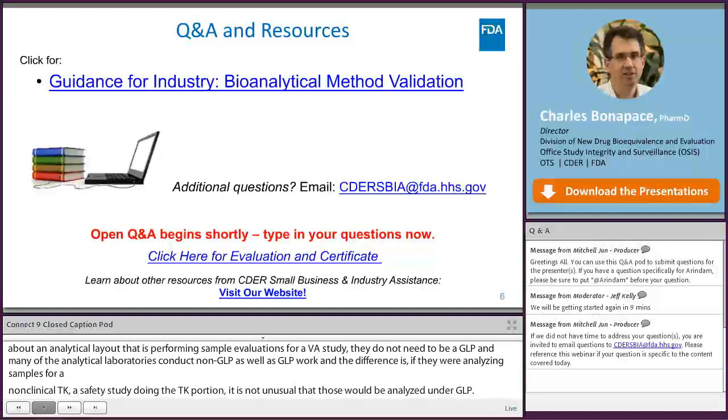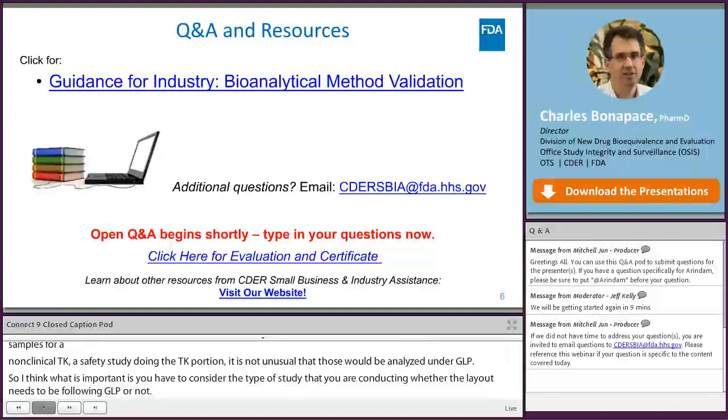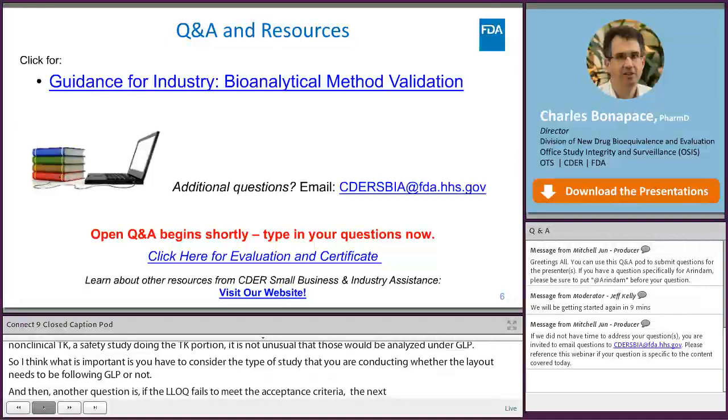And then another question is, if the LLOQ fails to meet the acceptance criteria, the next higher level is accepted as the LLOQ. In this case, it would be the CC2, or the second calibrator. So the accuracy and precision for the new LLOQ shall be 20 or 15%?